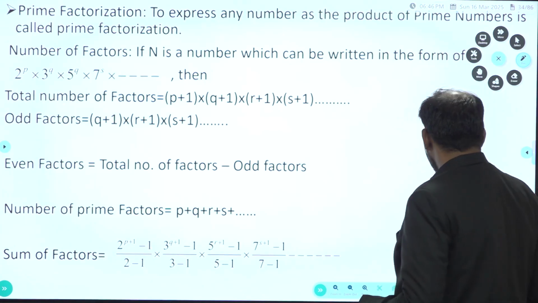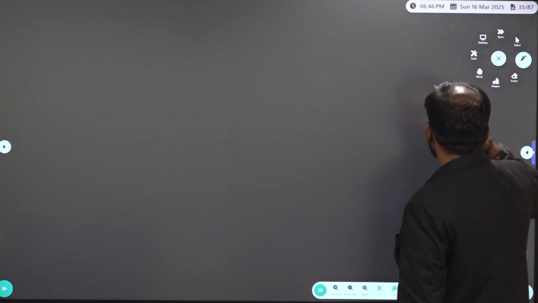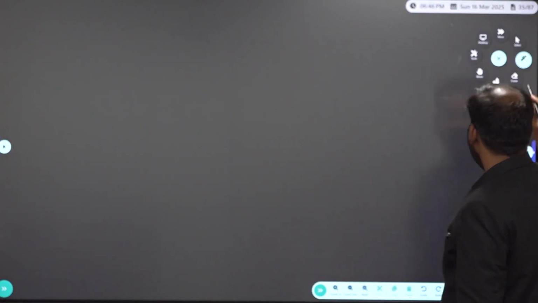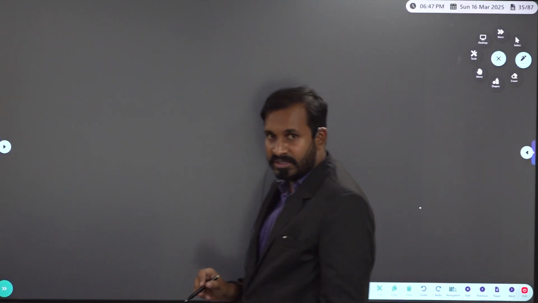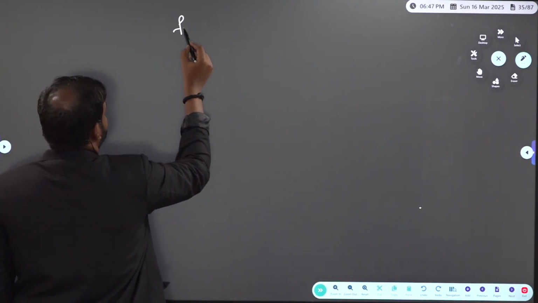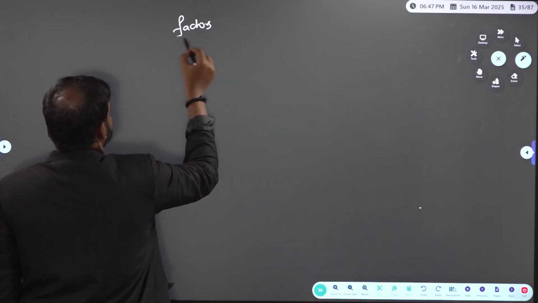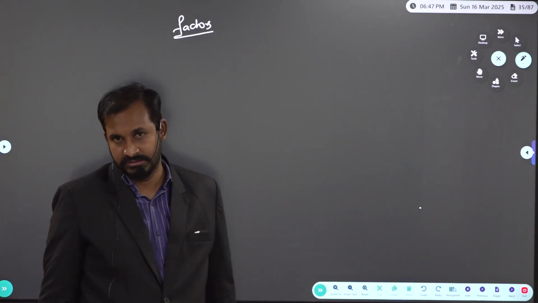Now, to know the number of factors, see here, just now we told you that our natural numbers are classified based on factors, right? Based on factors, we decided prime numbers, composite numbers and 1.